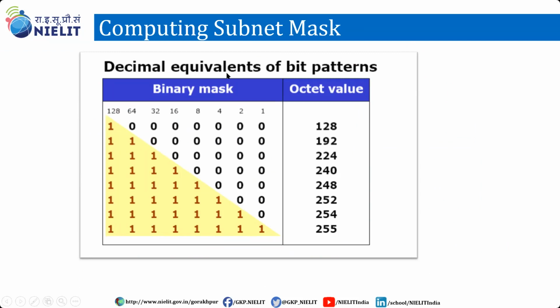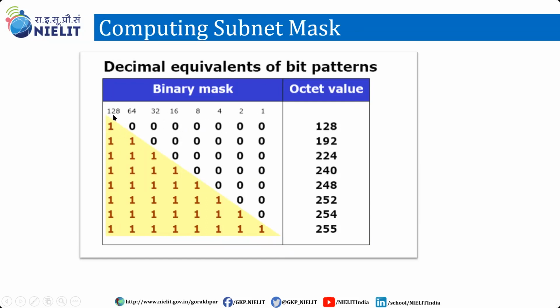Suppose this is an 8-bit number having 1 in the most significant bit and 0, 0, 0 in the rest. It can be immediately calculated as 128, because this bit is equivalent to 128, and then 64, 32, 16, 8 and so on, each column is represented in this form. Where a 1 is there, you should add the corresponding value.